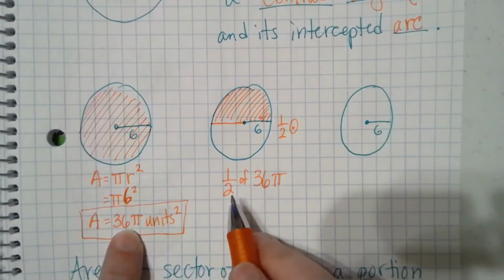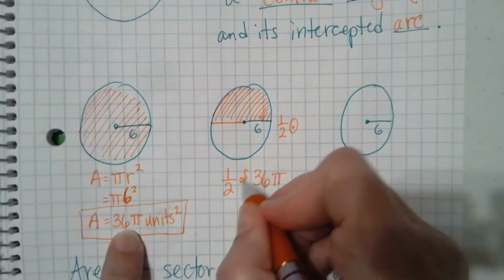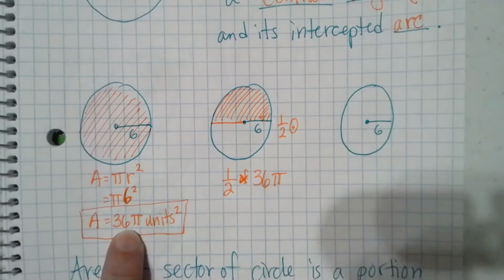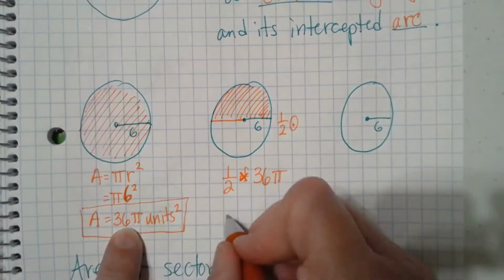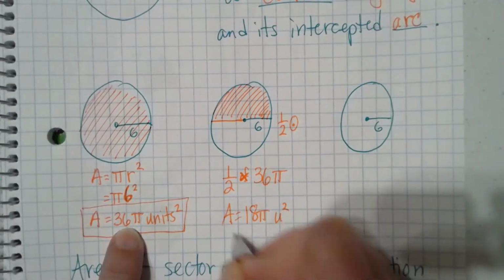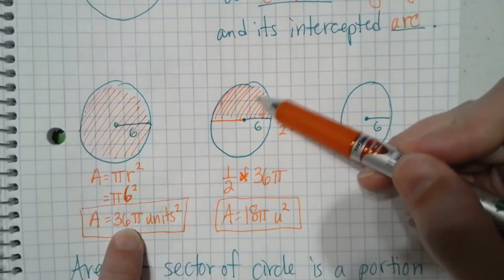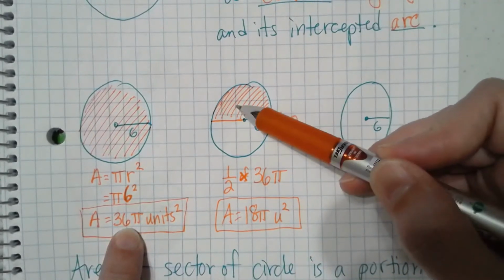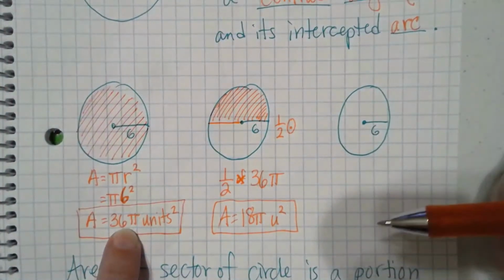And what we know about the word of in mathematics is it means multiply. So I'm going to have half times 36 pi. What's half of 36? Half of 36 is just 18 pi. And we still have our units squared.